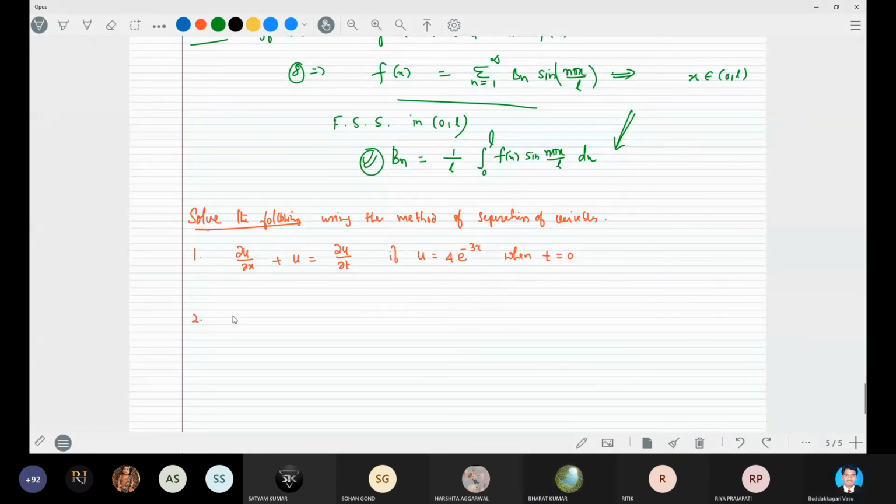Next, solve dou u by dou x minus 2 into dou u by dou t is equal to u, given that u of x comma 0 is equal to 6 into e power minus 3x.